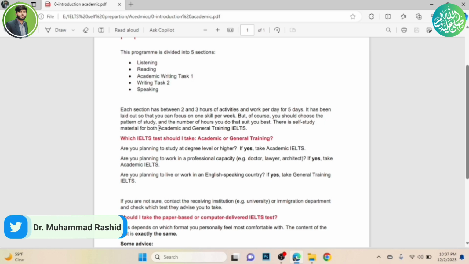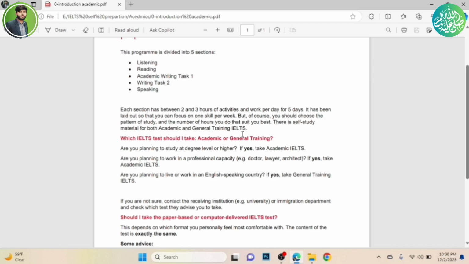Here you can see some other details. Each section has between 2 and 3 hours of activities. The course is 5 days a week, and every section has 2 to 3 hours of activities. These are some details about this.